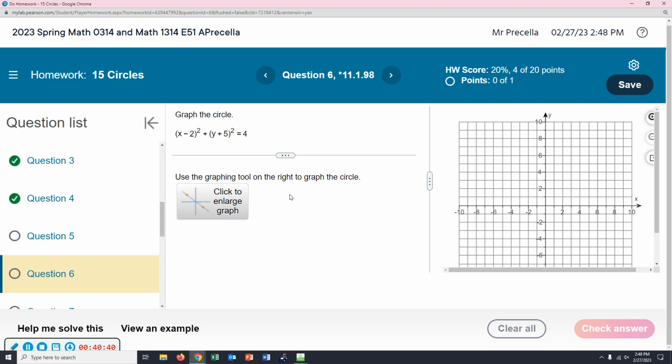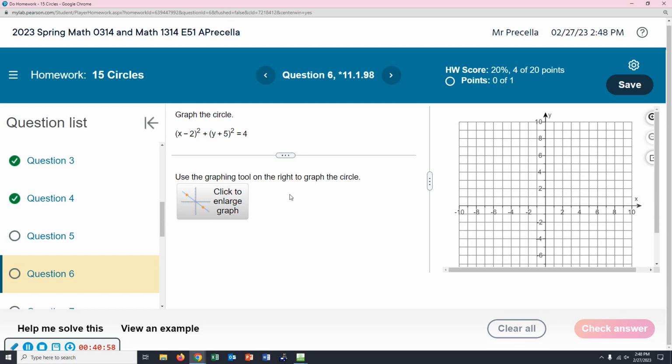The instructions say graph it. Well, it doesn't matter if you're doing it with a paper and pencil and a compass. If you're going to graph it, what are the 2 things you must know? You must know the center, and you've got to know that radius.